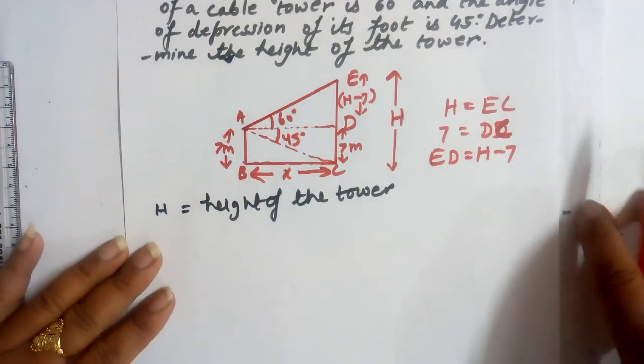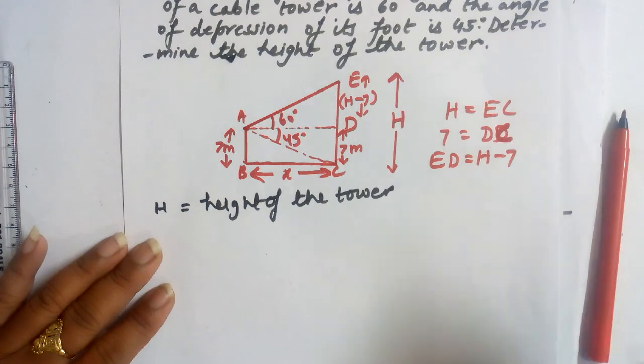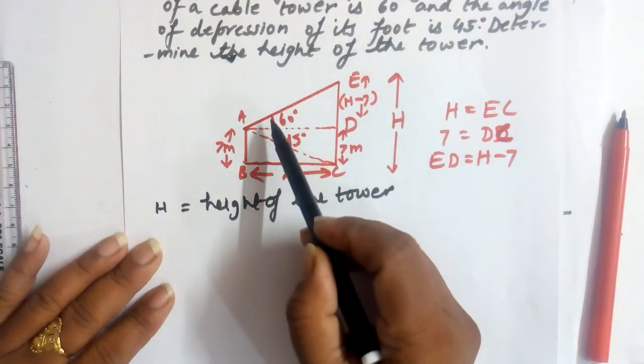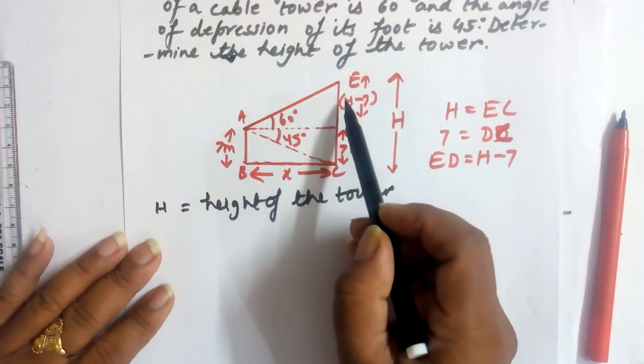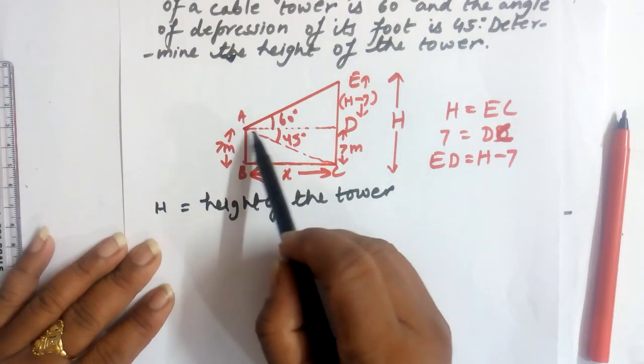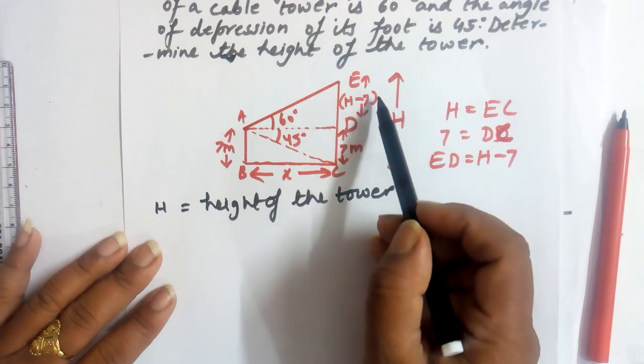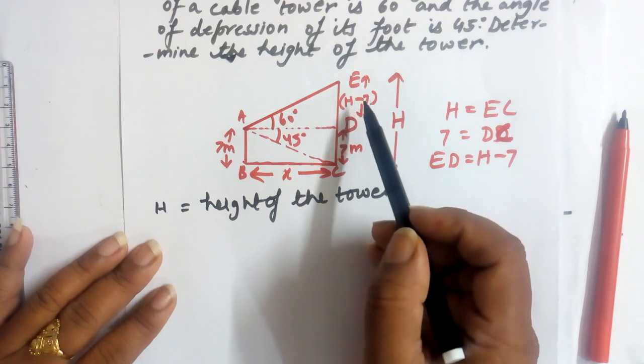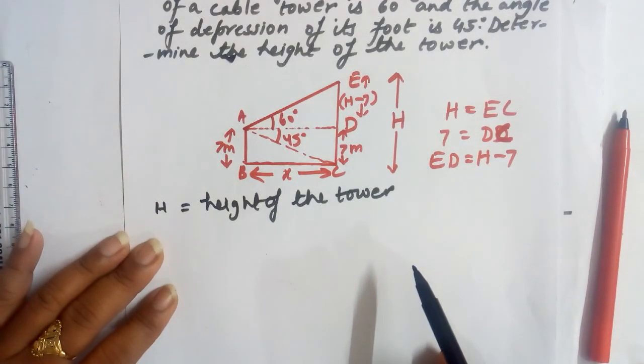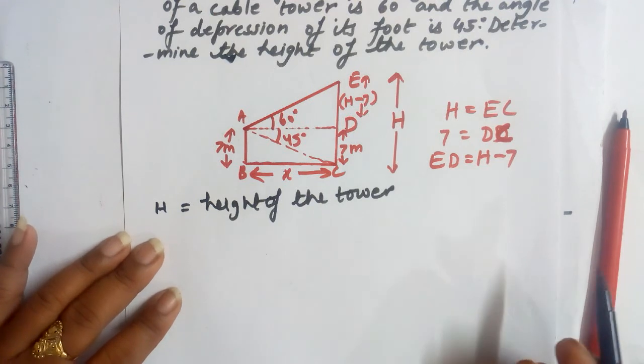Now as we know in the trigonometric ratios, the relation between this, because this is the angle, the opposite side will behave as the perpendicular and the adjacent side will behave as the base. So for the relation between the perpendicular and the base, we use tan theta or tan of any angle.